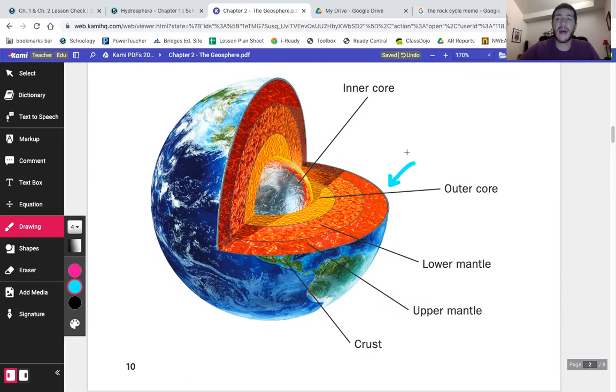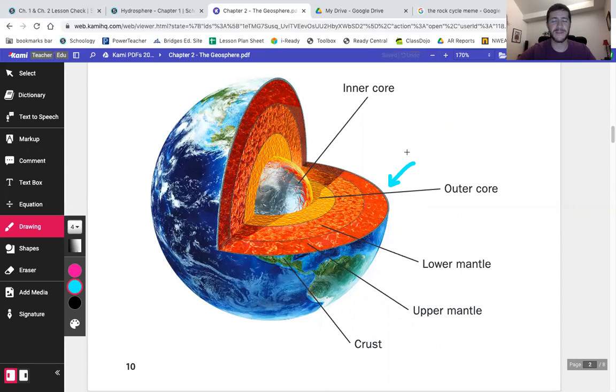The very outside layer, the one that I'm sitting on right now, is known as the crust. That's everything that's on top. Then, quite a few more feet down, you go to what's called the upper mantle. After that upper mantle, congratulations, you are now in the lower mantle.